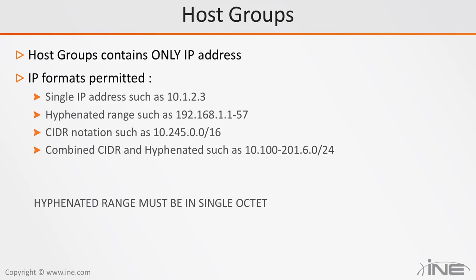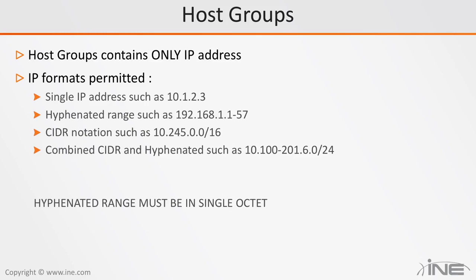Third option is a very standard CIDR notation. This is an RFC defined standard where you can use /16, /8 or a /subnet number and mention that this entire subnet is inside one host group. And lastly, you can use a combination where you're using hyphenated along with the RFC defined CIDR notations.